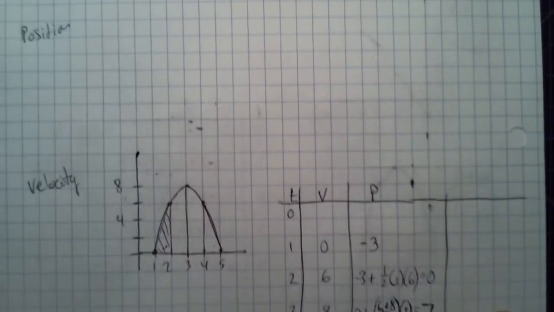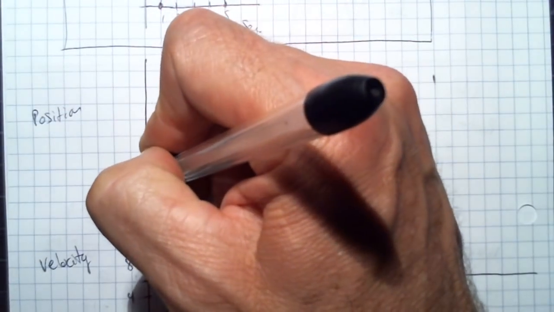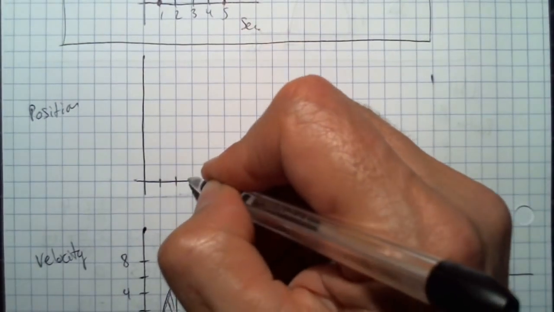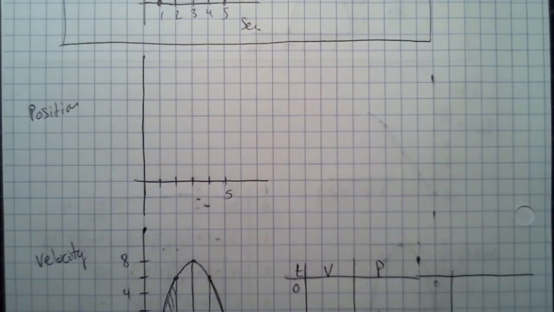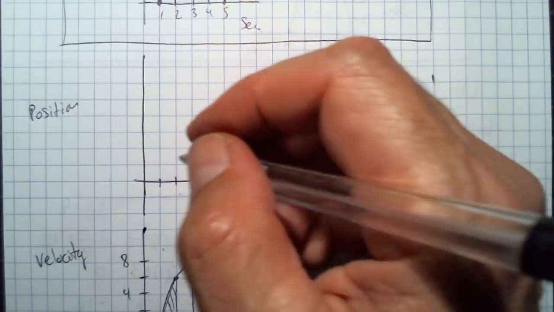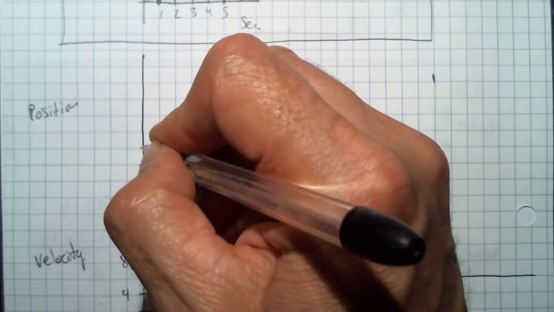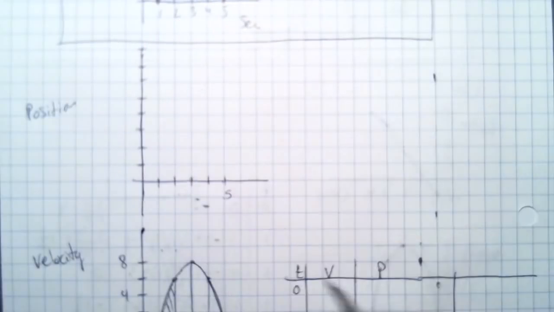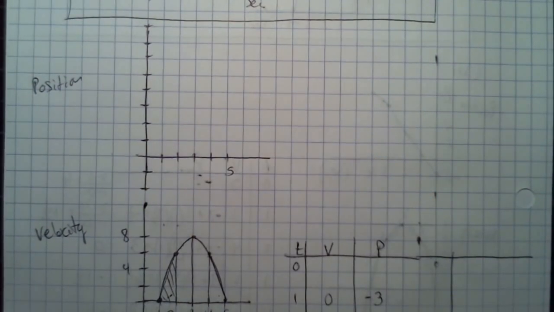We can plot those points. And let's count by 2. 2, 4, 6, 8, 10, 12, 14, 16. And we have -2, -4.